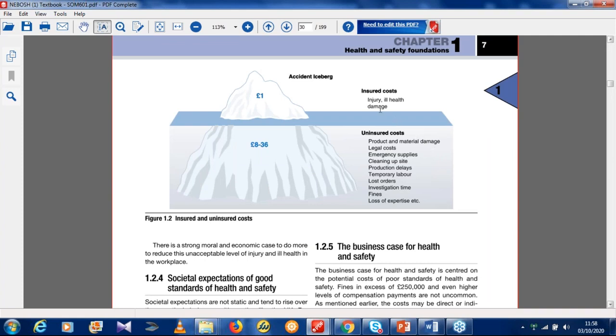Look at them, for instance, injury or ill health and damage. All these can be insured costs. Yes, health insurance covers all these, right?